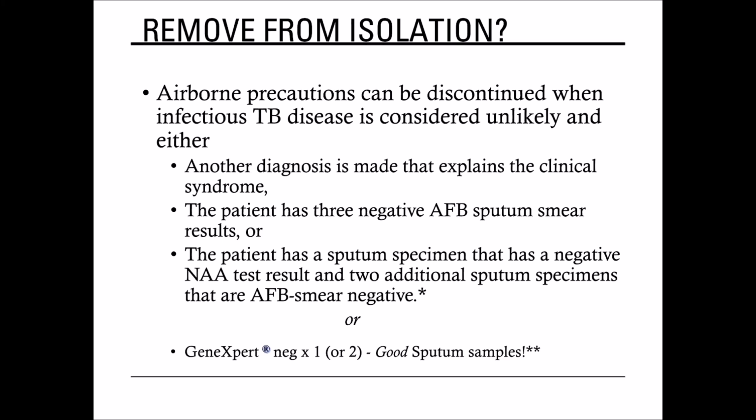We do not like to send saliva to the lab. Patients oftentimes will just put a little bit of spit into the cup. They need to be coached to get a good deep sputum sample.